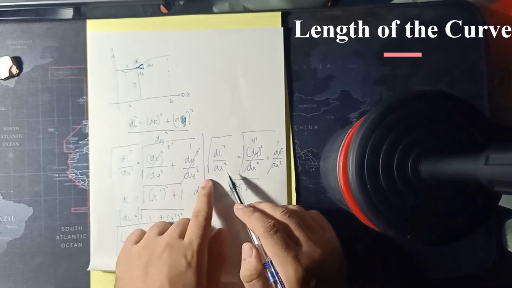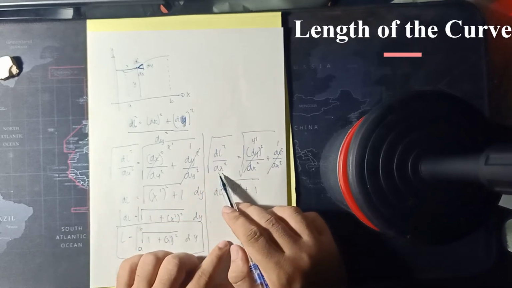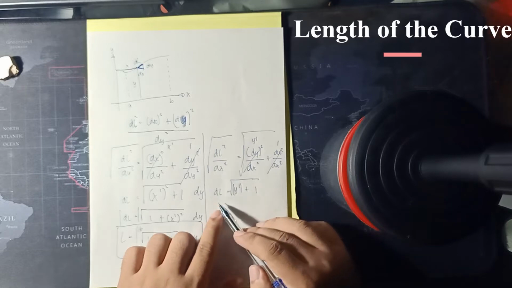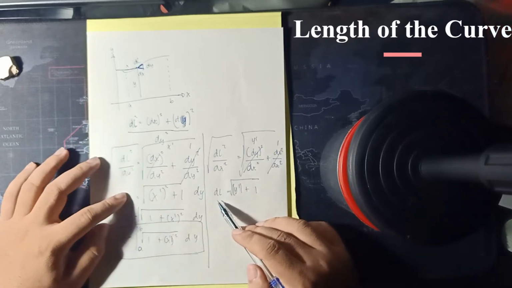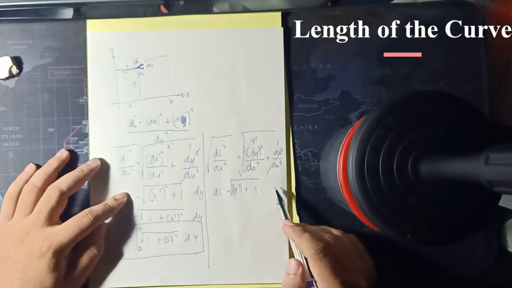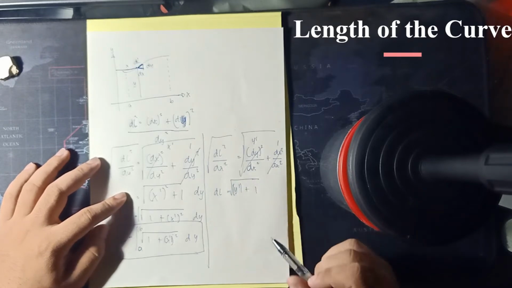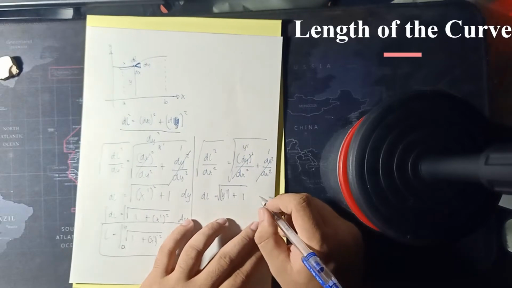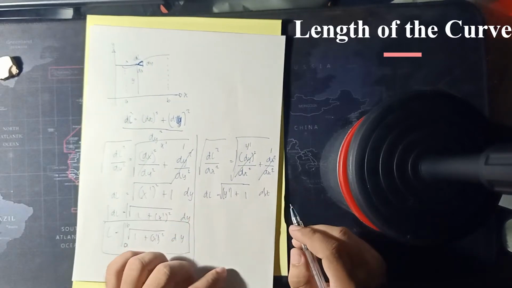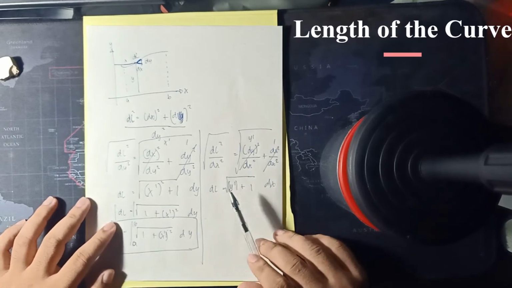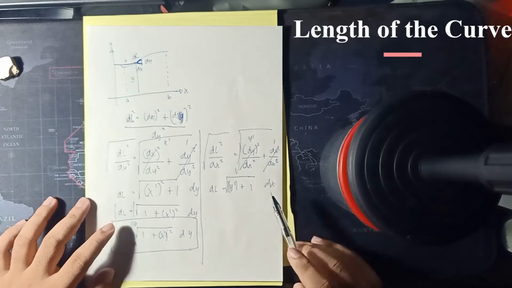And because of the dx squared here, this would now be 1 over dx, or dl over dx. And just like here, you transfer dx to the other side. When you transfer 1 over dx, that would be dx. You take its reciprocal, and the differential length dl is equal to the square root of y prime squared plus 1 dx.